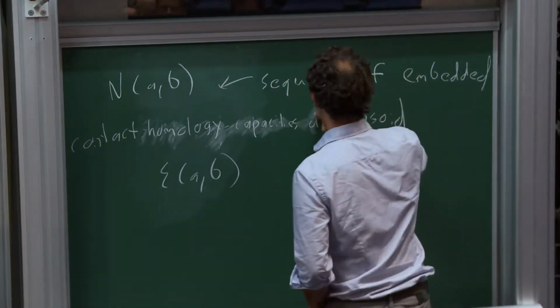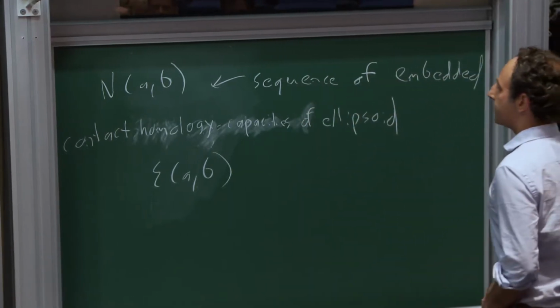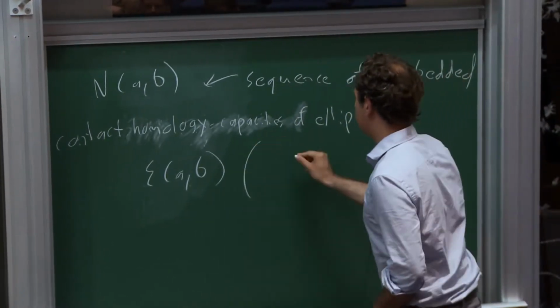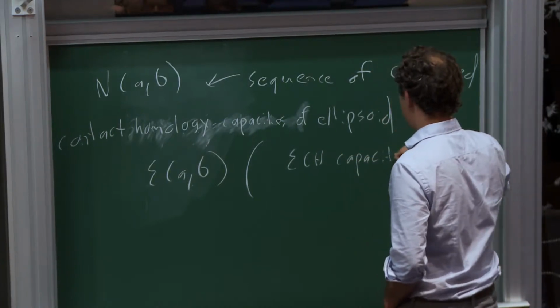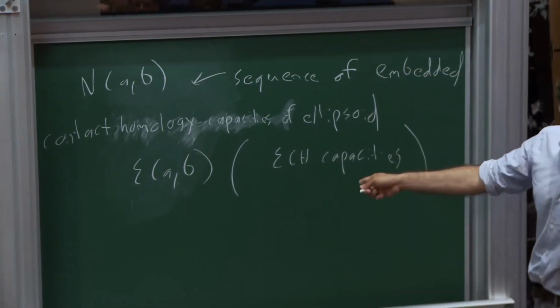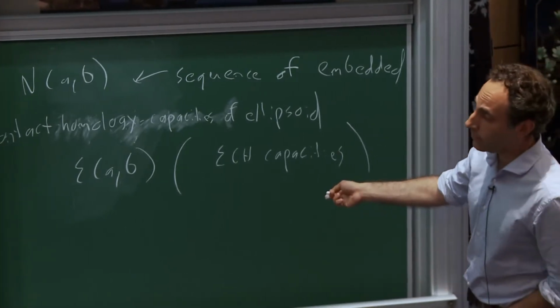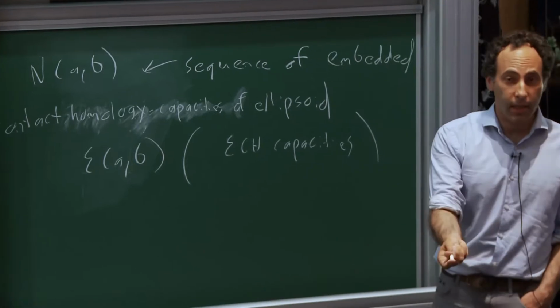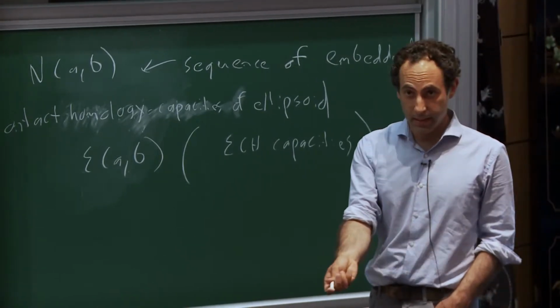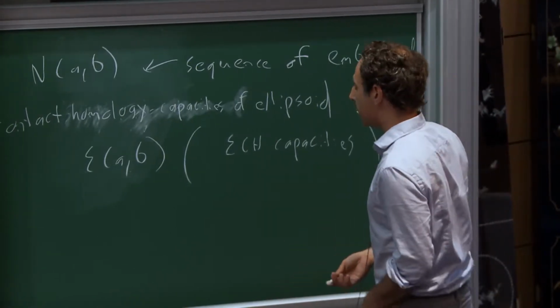This ended up being messily written. So these are sometimes called ECH capacities. We'll return to ECH quite soon. Embedded contact homology is a variant of the kind of symplectic field theory ideas that have been discussed here.